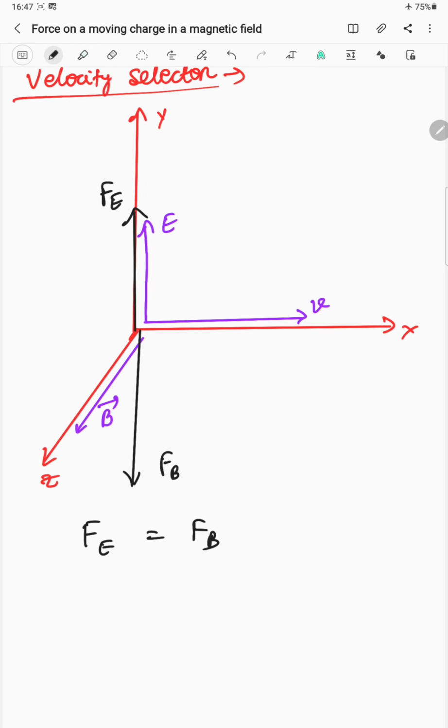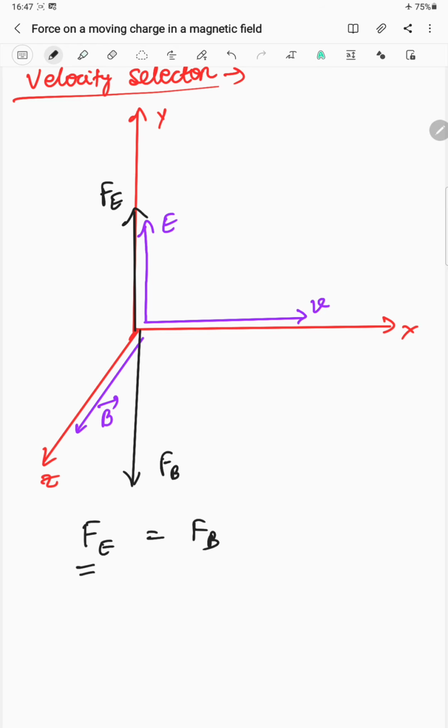The forces must be equal and opposite, which is easily visible from the diagram itself. And the charged particle with the given velocity v will go undeviated in between the two fields. That means whenever the electric force and the magnetic force are equal and opposite, then the particle which moves through it goes undeviated.